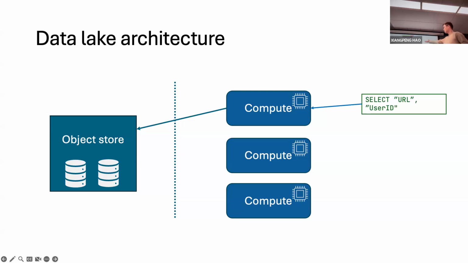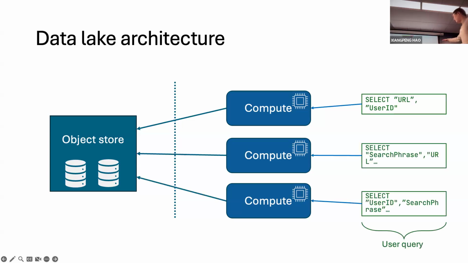If a query goes to a compute node, we just download the file from the object store, run the query on that file, return the result, and potentially drop the file, because the compute node is stateless, or serverless. If we have more queries, we just spin up more compute nodes, and they will handle different user requests. This is called diskless, this is called serverless. We want this clean separation of disk and compute, so that we can scale independently and lower our management cost.